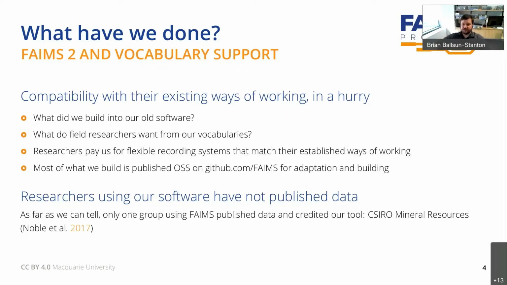So what field researchers want from our vocabularies is something that is useful pragmatically in the field. They want rapid and, more to the point, consistent selection of complex hierarchies of terms. Why not a standard one? Well, it turns out that it's their complex hierarchies of terms as they are appropriate for their research.